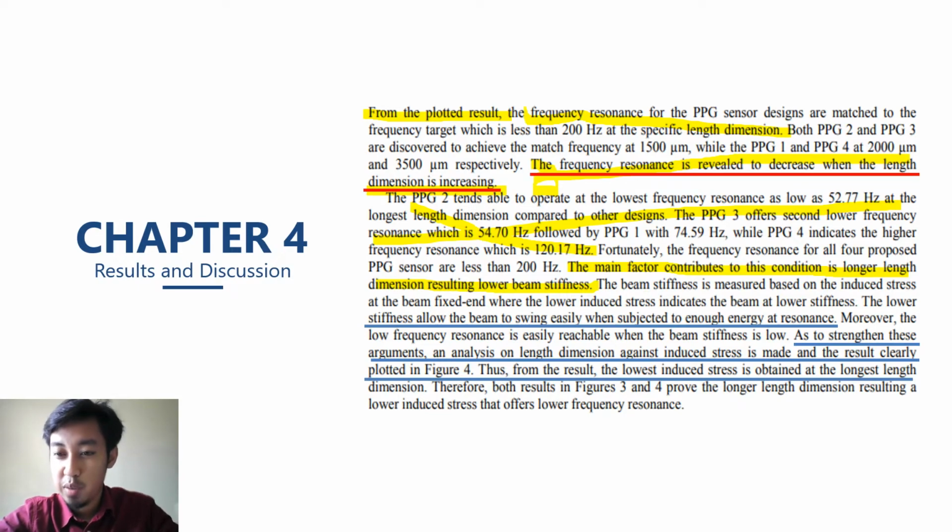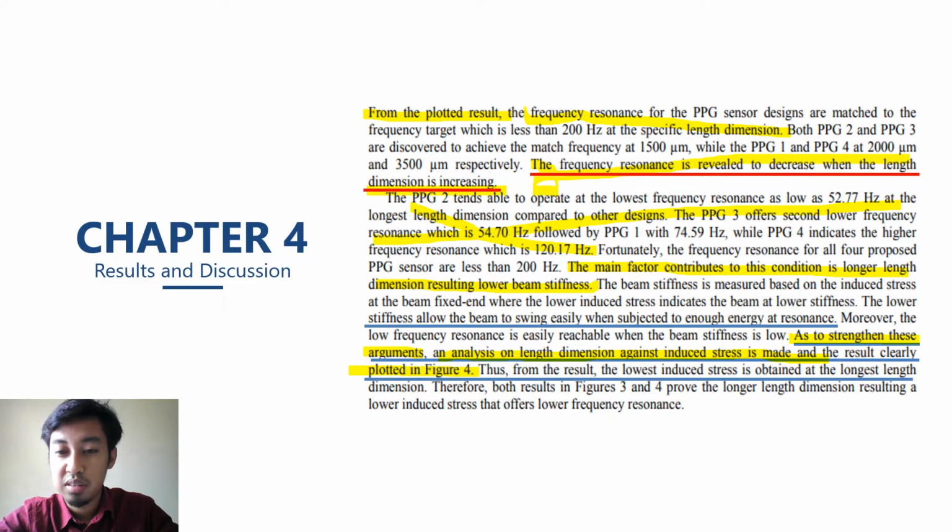Moreover, you can add some more arguments here to strengthen the statement. Moreover, the lower frequency resonance is easily reachable when the beam stiffness is low. To strengthen this argument, an analysis of length dimension against induced stress is made, and the result is clearly plotted in figure 4.